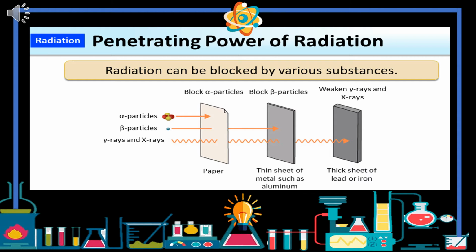The three different types of radiation can be blocked by various substances. For example, alpha particles are relatively heavy. They can travel only a few centimeters in the air and can be easily stopped by a sheet of paper or a plastic.